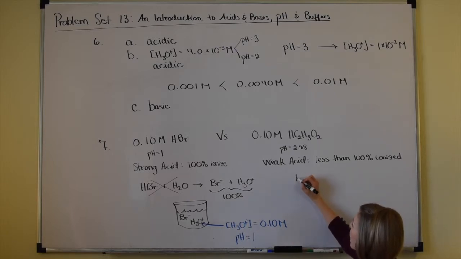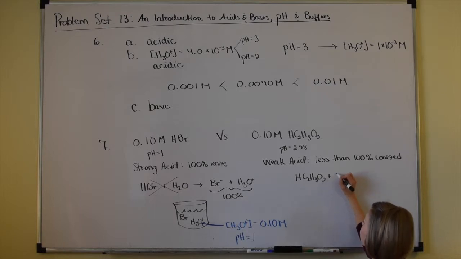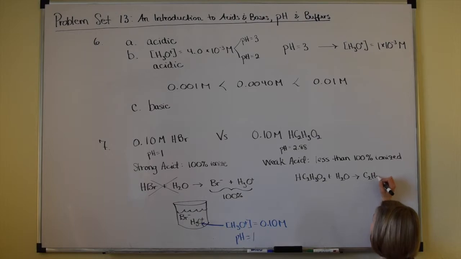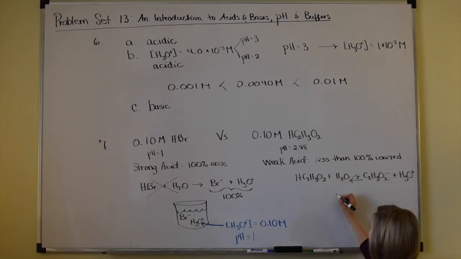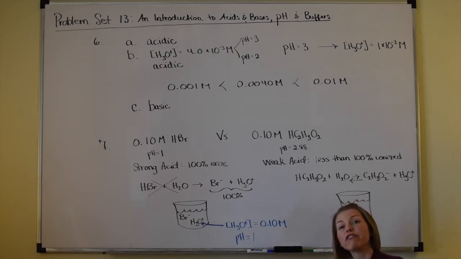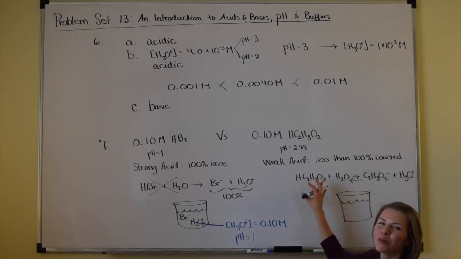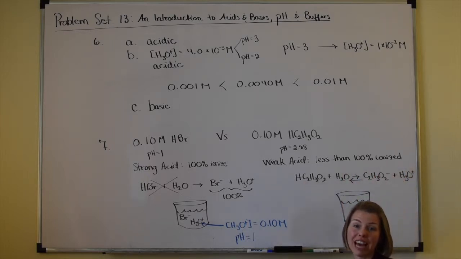So if we write that reaction between acetic acid, HC2H3O2, and water, H2O, to give acetate anions and hydronium cations, we should put a big arrow back, because in that beaker, we're going to have mostly reactants here.